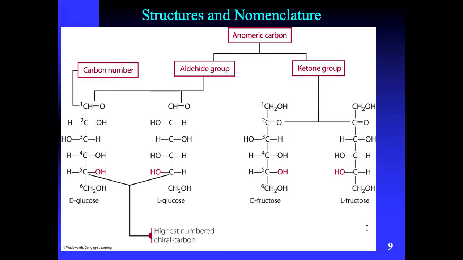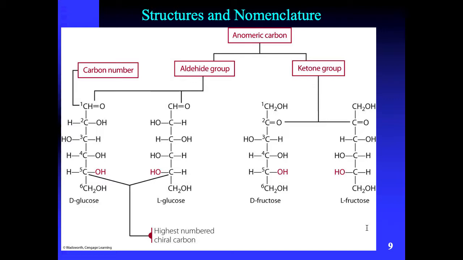And now what that means is, if we go through here and we identify the chiral carbons, we're going to look for the highest numbered chiral carbon, because the cyclic structure is dependent on an interaction of the hydroxyl group at the highest numbered chiral carbon and the carbonyl function. I'll say that again in a minute.